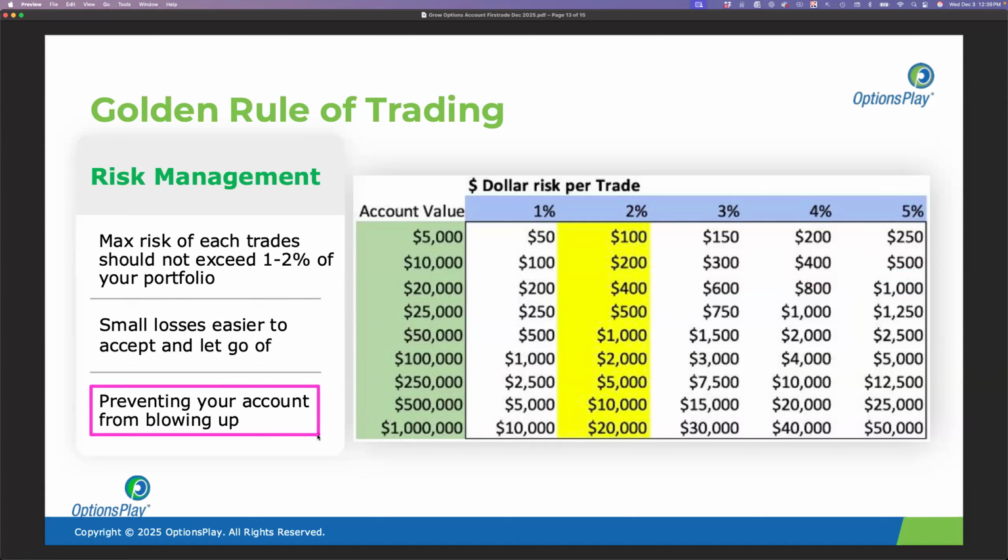As long as you don't blow up your account, you can trade another day and get back to break even. If you blow up your account, you have no shot ever at getting yourself back to break even. So it's all about making sure that you never, ever, ever blow up your account, because as long as you don't blow up your account, the upside opportunity is there. But as soon as you blow up your account, there is no upside opportunity left at all.